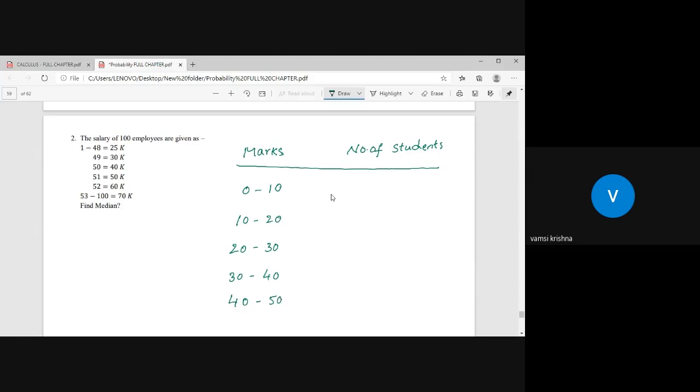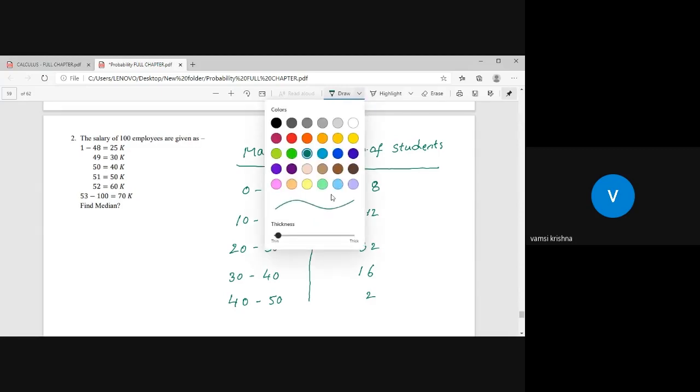And number of students we have here 8 students, 12 students, and here 32, 16, and 2. So class interval is available, and the number of students is also available.